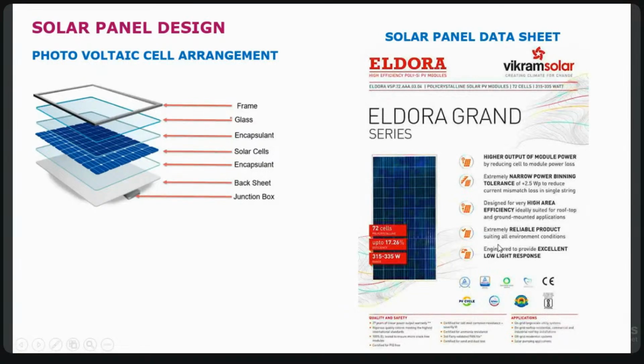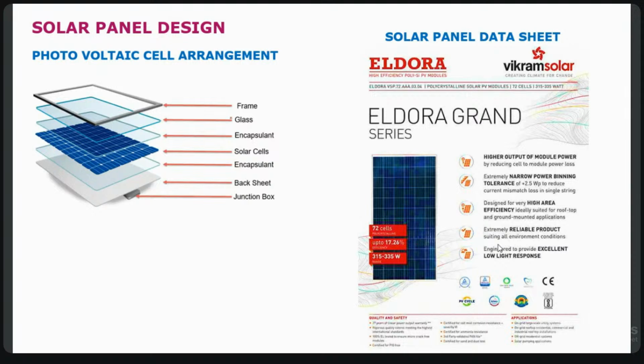Each manufacturer follows their own standard. In the Vikram Solar data sheet I took, they have a different silicon content with a maximum wattage of 335 or 340, with 72 cells. Another manufacturer may use a different silicon material, so it may be less or more, but it will be near, not a large margin.